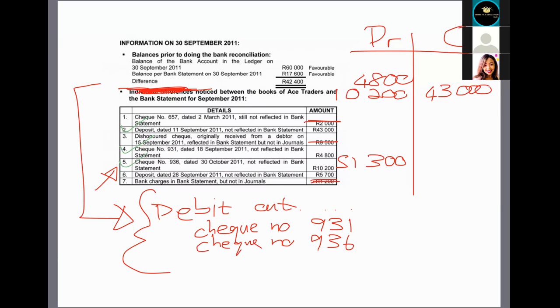The next one says that a deposit dated 28 September did not reflect on our bank statement. So what are we going to do with that outstanding deposit? We're going to credit. Remember that when we do our reconciliation, what did we say? We said that my account becomes more on the credit side and less on the debit side. So if I deposit money in the bank, does it become more or less?